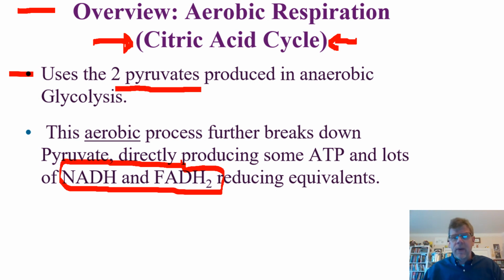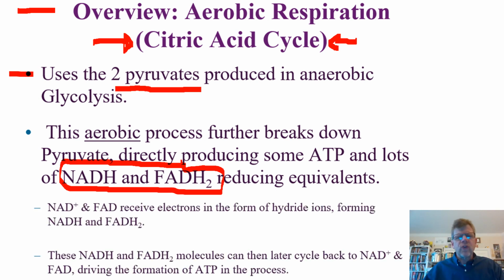whereas back in glycolysis, making NADH was just sort of a pain in the rear end, and we had to deal with fermentation to get it back to NAD so that glycolysis can continue. Now, making NADH and FADH2 is a very good thing. So through this catabolic process in which 3-carbon pyruvate is converted to 3 carbon dioxide molecules, these electron carriers, NAD and FAD, pick up those hydride ions.